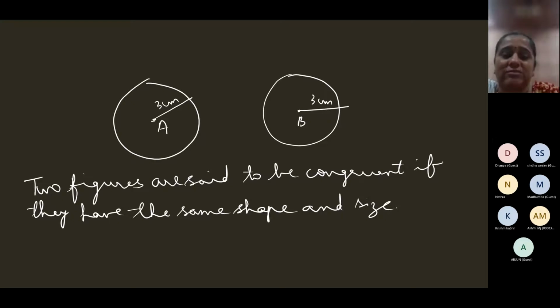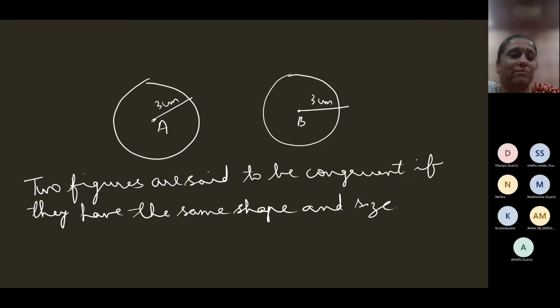So they must have the same shape and size. It's not enough if they have the same shape. The size also should be the same. So two figures are said to be congruent if they have the same shape and size. Shape alone is not enough. The sizes also must be the same.